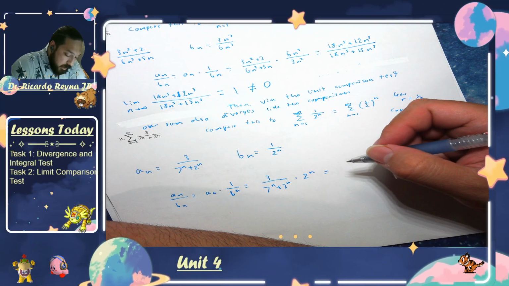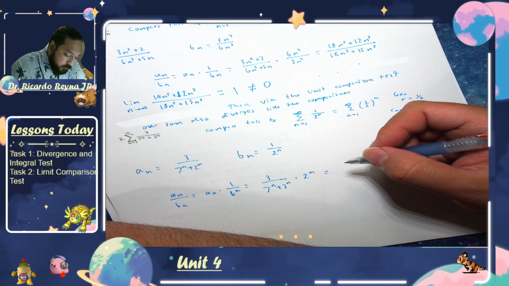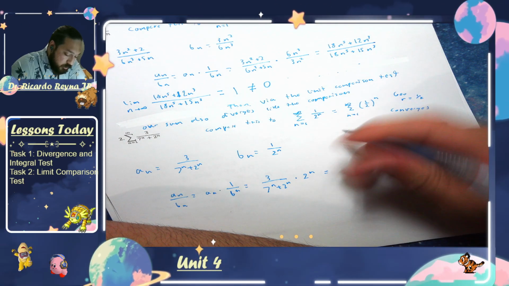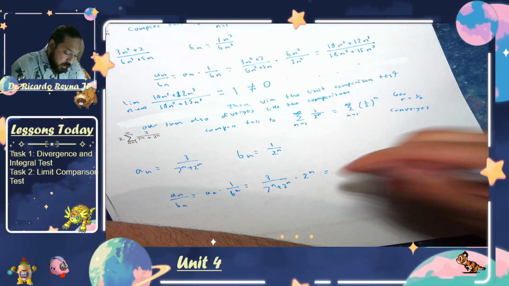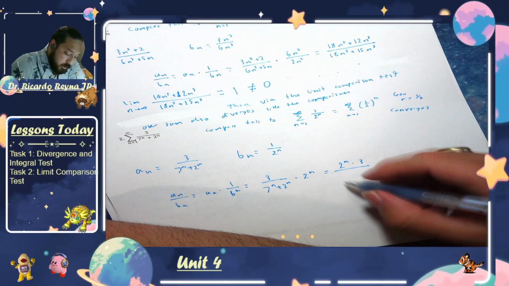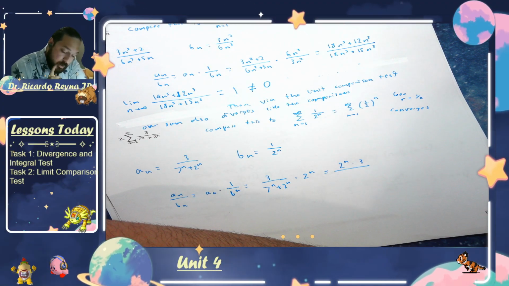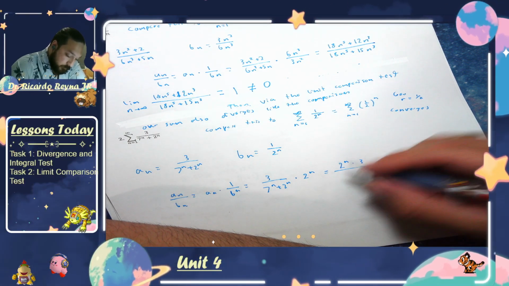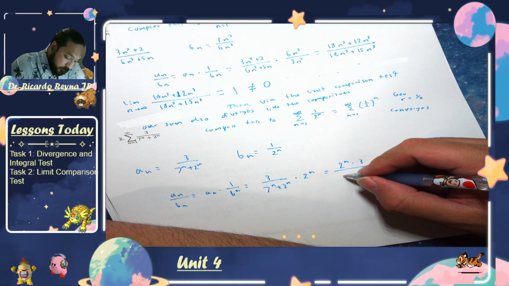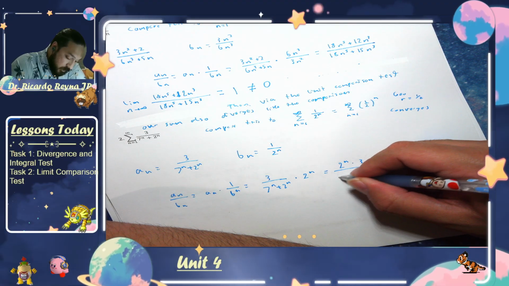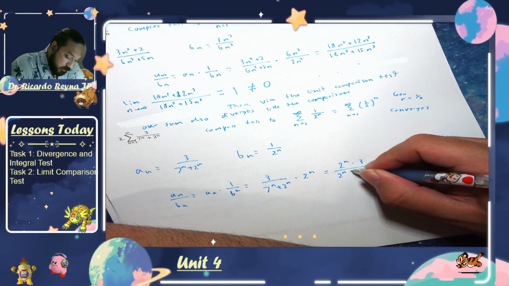I think I want to factor 2^n out of the bottom. That way, if I factor 2^n out of the bottom, I can cancel out the 2^n here.